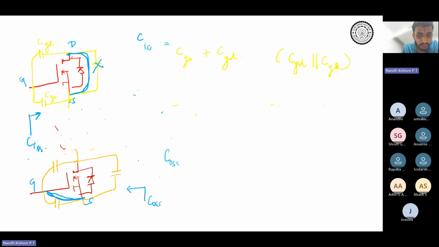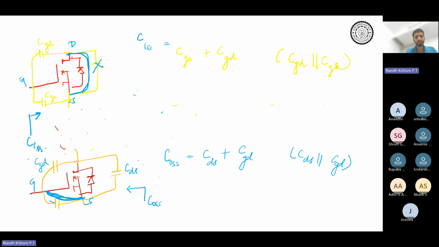So for COSS, this is CGD, this is CDS. Gate and source are shorted now, so if you see from here, CDS is in parallel with CGD. So COSS is basically CDS plus CGD, because CDS and CGD are in parallel, because we have shorted the input side.